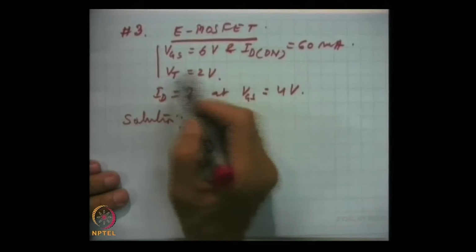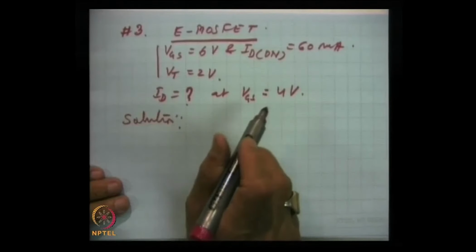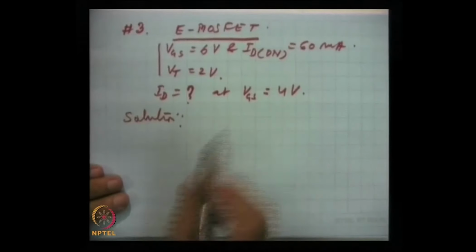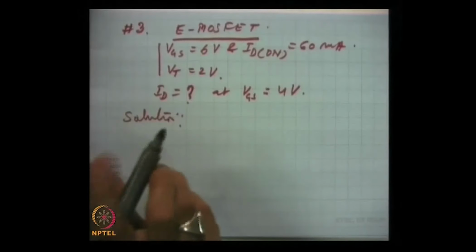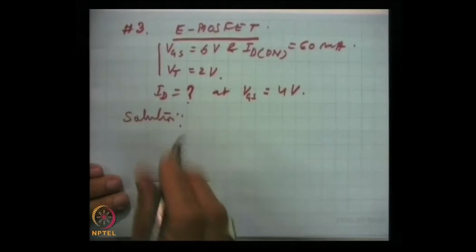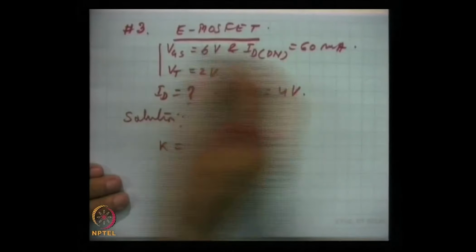This data we can use to find out the constant K, the conductance constant of the device. This we discussed when we were talking about the MOSFETs, and one of the ways we can get this constant K is through this data.